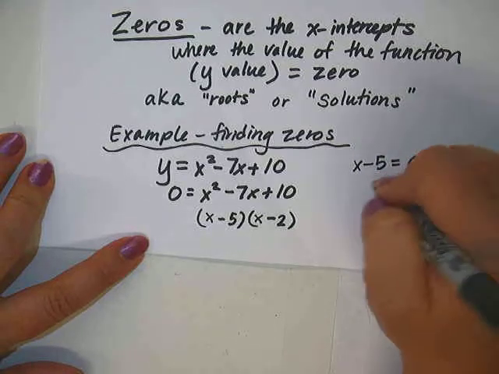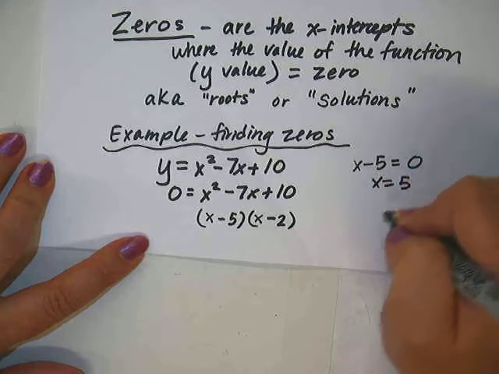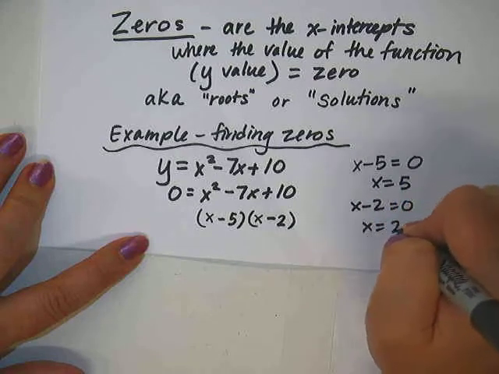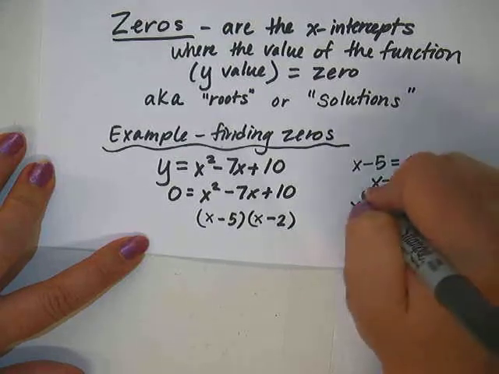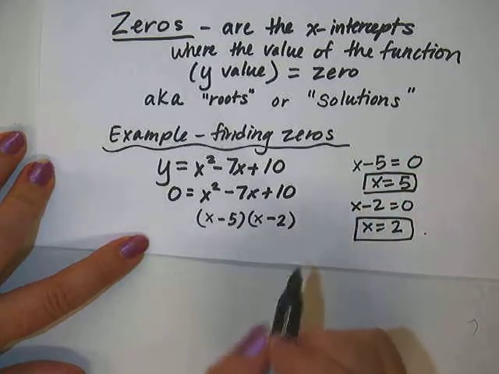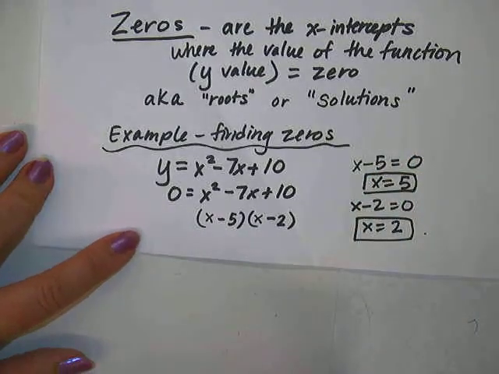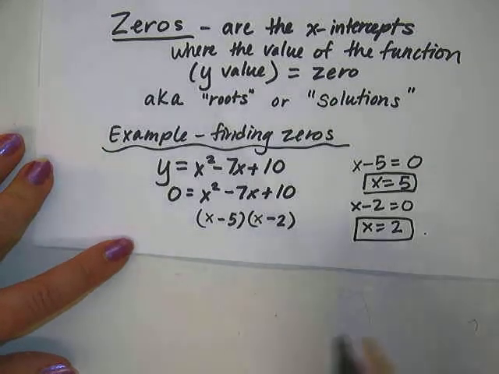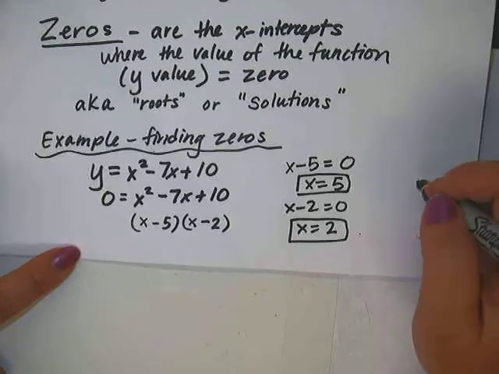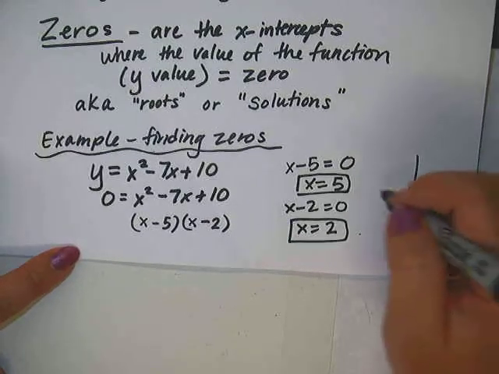Okay? So then we use the zero product property, and we take each of those factors. x minus 5 equals 0, then one of the zeros is 5, and x minus 2 equals 0, then the other zero is 2. So the zero is always the number that, within the parentheses of the factor, will make that factor 0.